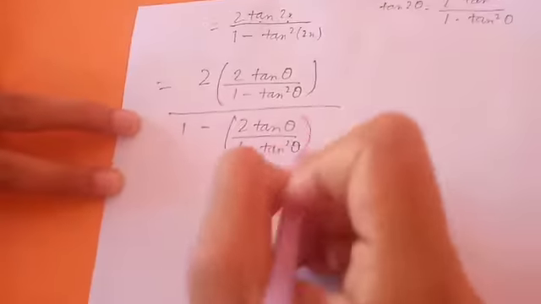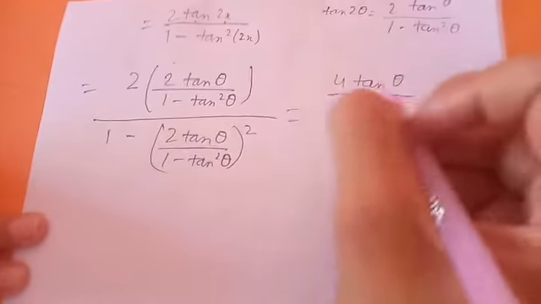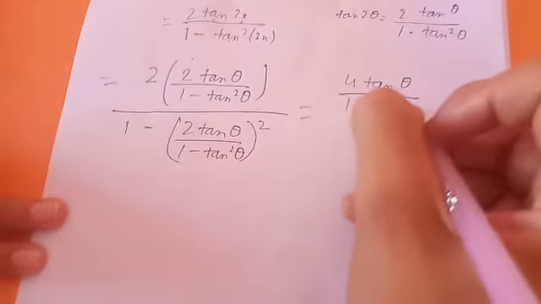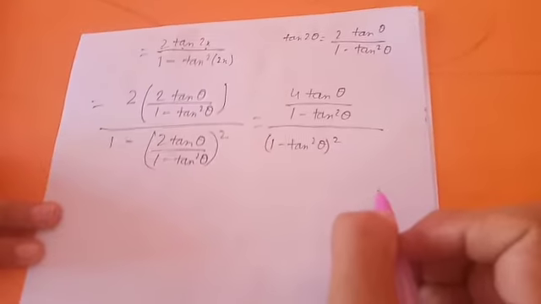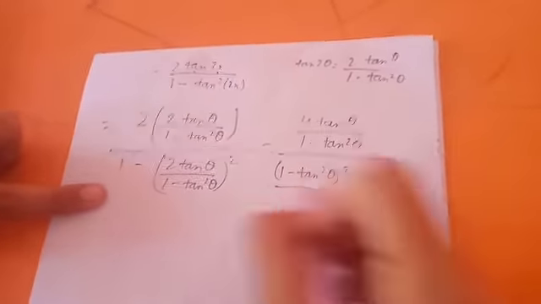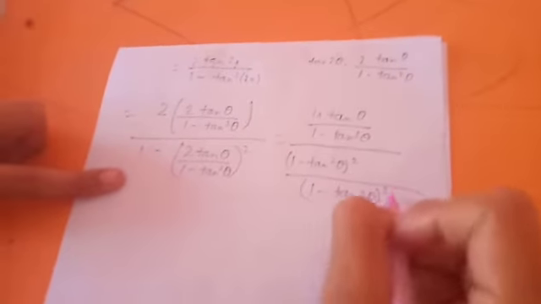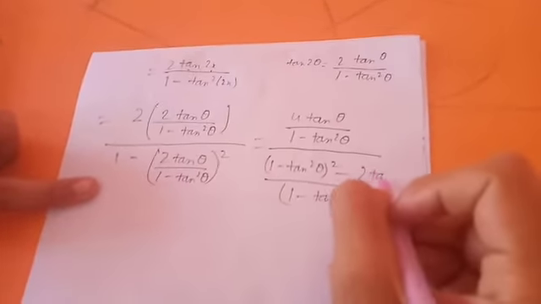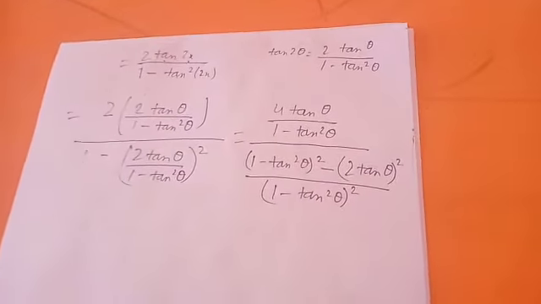Now it's whole square. Okay, now what we get is 4 tangent theta by 1 minus tangent square theta all divided by 1 minus tangent square theta whole square. We have taken LCM. Our LCM will be 1 minus tangent square theta whole square minus 2 tangent theta whole square.